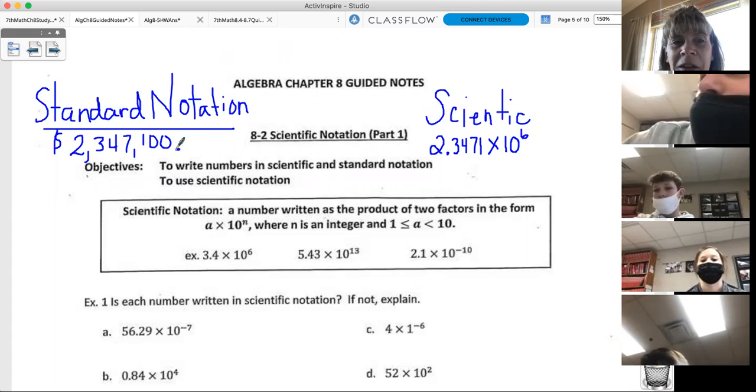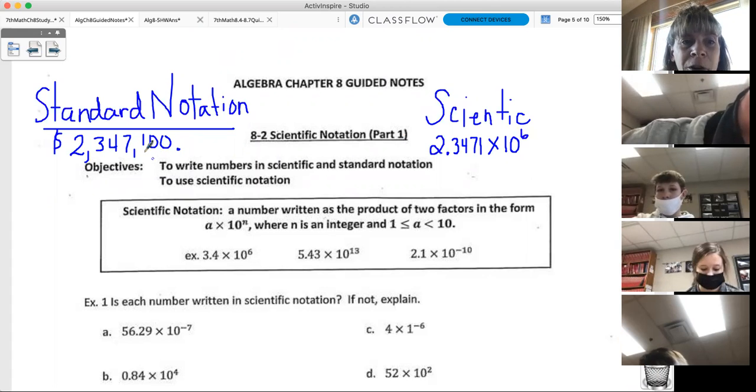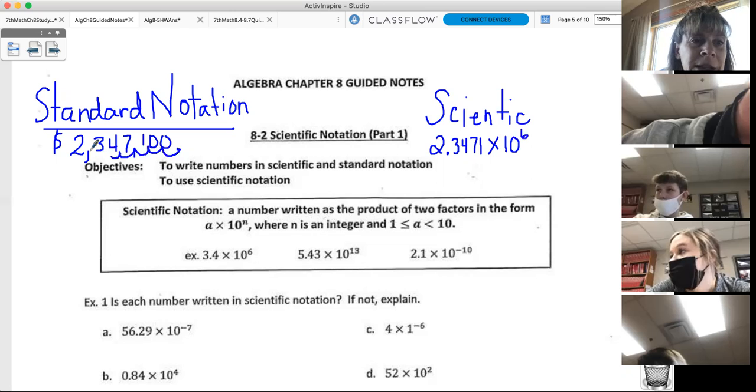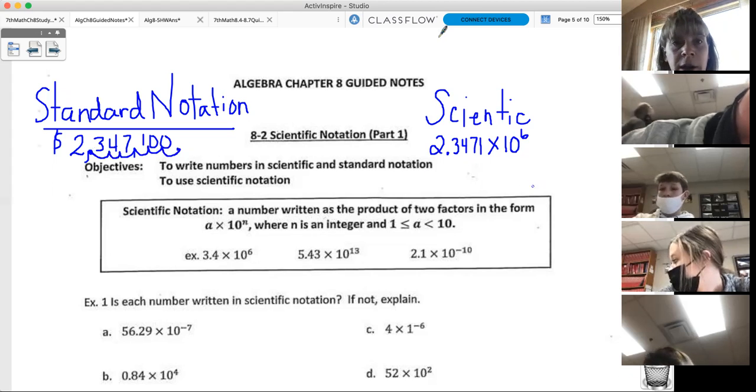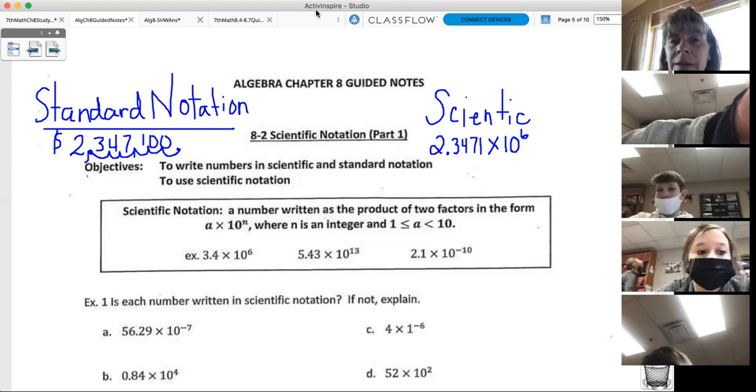There's 6 numbers behind the 2. That's how far I had to move my decimal, right? I moved it 1, 2, 3, 4, 5, 6. I had to move it 6 places. So that's how many 10s I had to multiply it by. This is really good stuff once you get going on it.